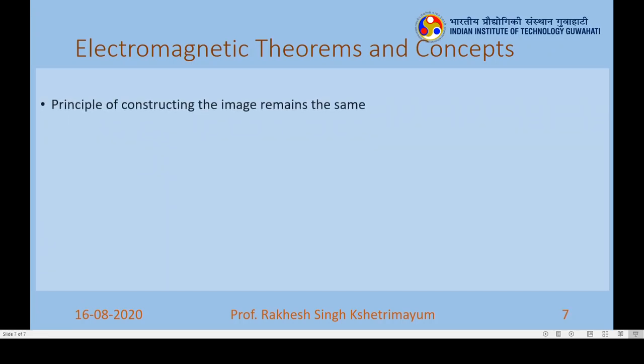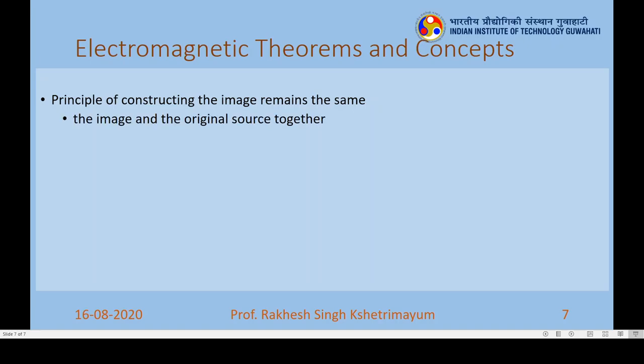Let us summarize it. So how is the principle of constructing image? How do we find the image? So the main principle behind finding the image is, after putting the image, we should actually get the boundary condition of the original problem. So the image and original source together should produce the same field which was existing in the original problem at the boundary, at the interface.